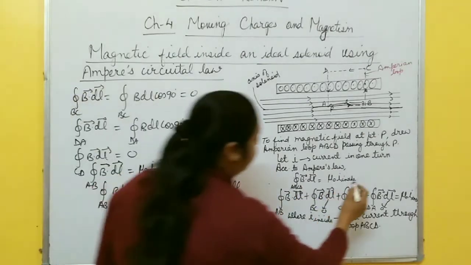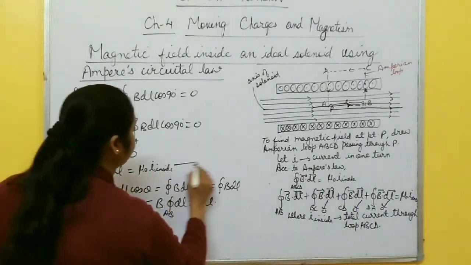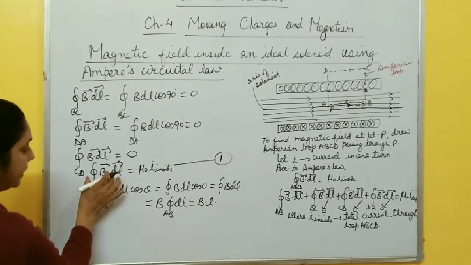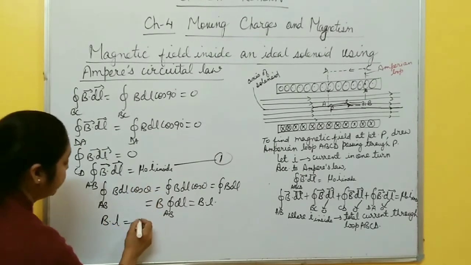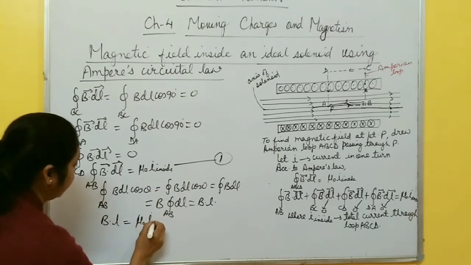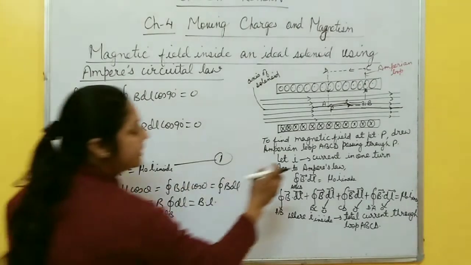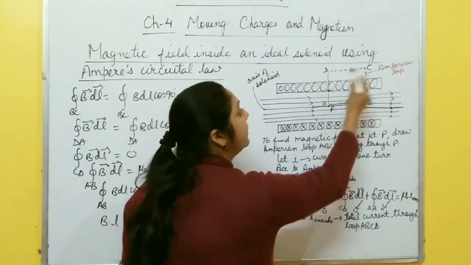So this equation becomes equation number 1. In place of the integral of B dot dl, you write B L equal to mu naught I inside. Now you know that I is the current in one turn, but inside this Amperian loop there are a number of turns.